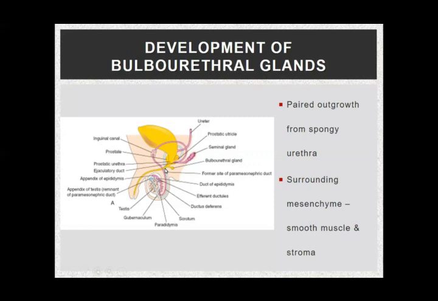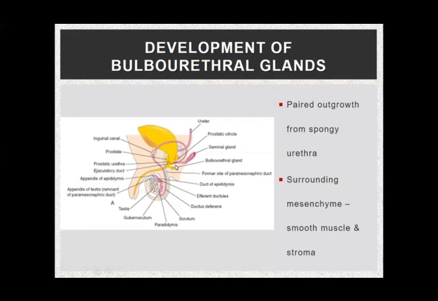So this bulbourethral gland arises as an outgrowth from the spongy part of the urethra. It grows out from the spongy urethra and grows into the surrounding mesenchyme.